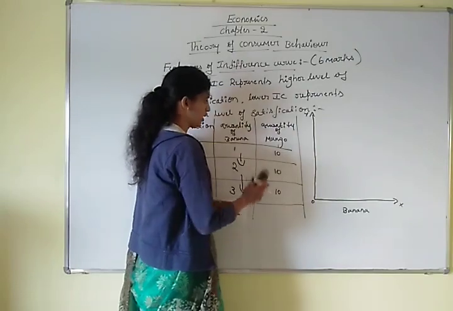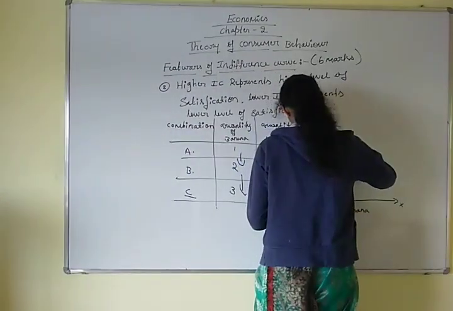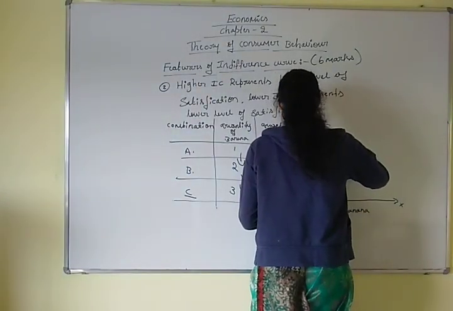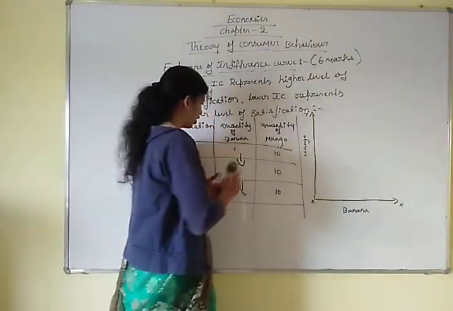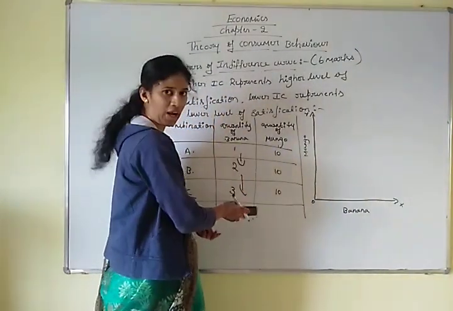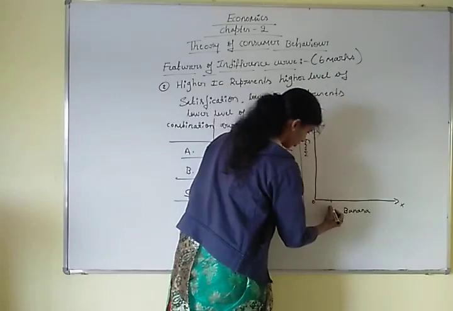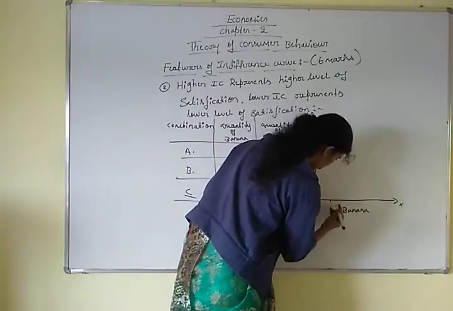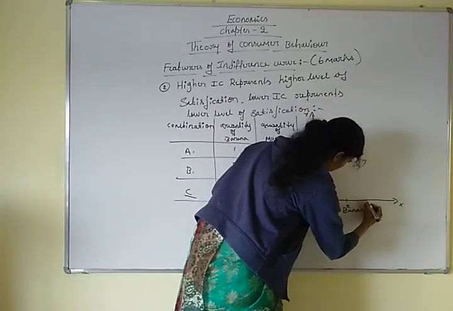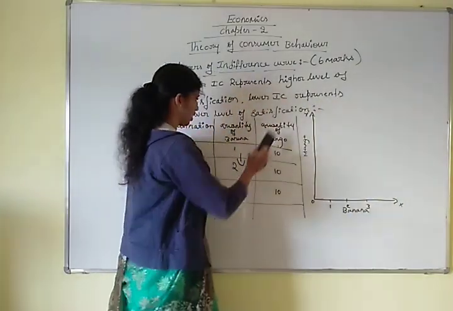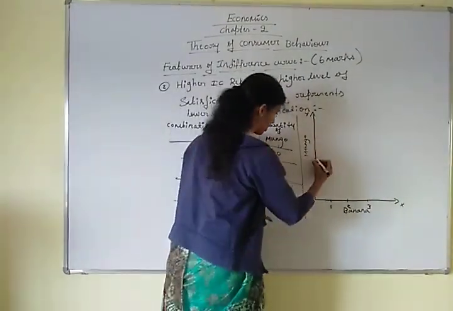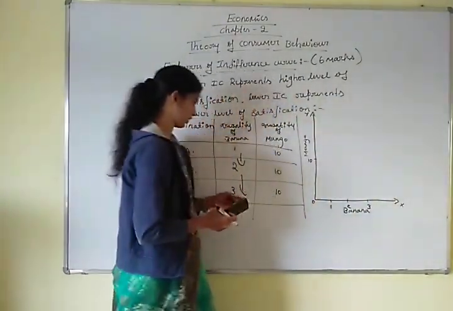OY axis represents mangoes. In the quantity of banana, there are three quantities: 1, 2, and 3. In quantity of mango, 10. It is 10. Okay. Listen.